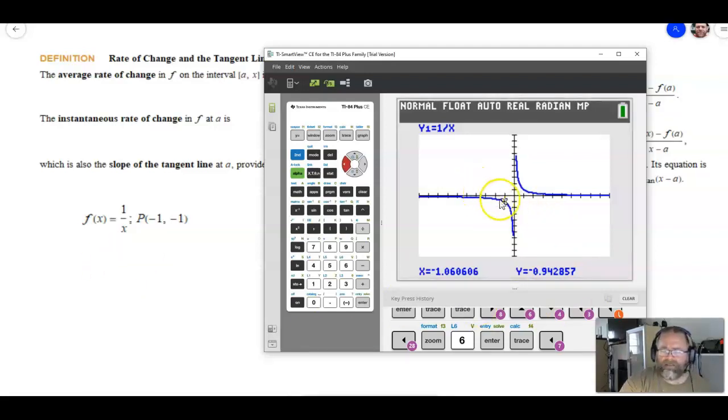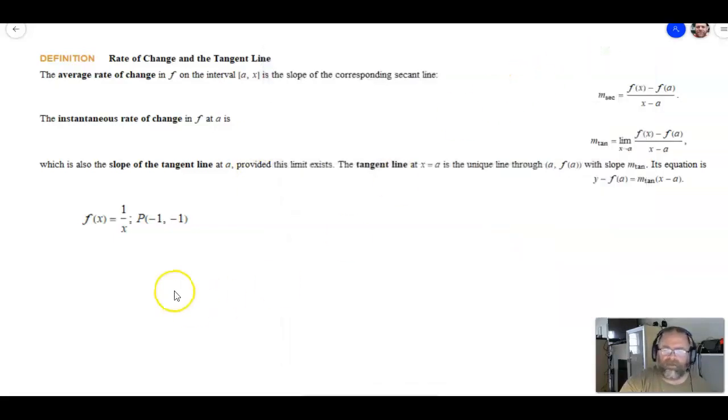And it doesn't look like it's that steep. So I'm guessing I'm going to get some value that's going to be less than -1. But we'll see when we put it in the formula here. So go ahead and see if you can solve this. Just take this information here, put it into the slope of the tangent formula, give it a try, see how far you can get, and then we'll go through the solution.